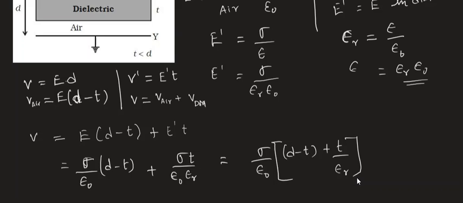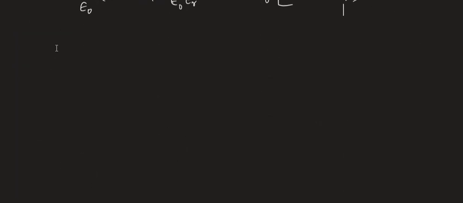Now the charge on the plate X, let us consider this. The charge on plate X is given by sigma into A. Why?